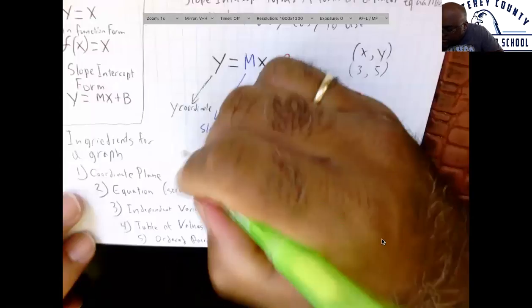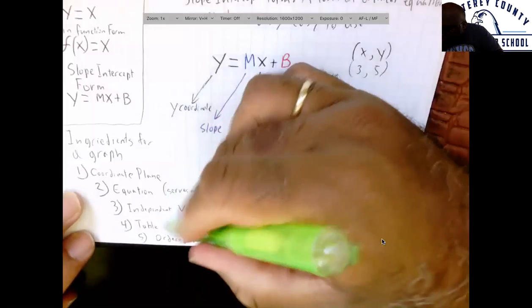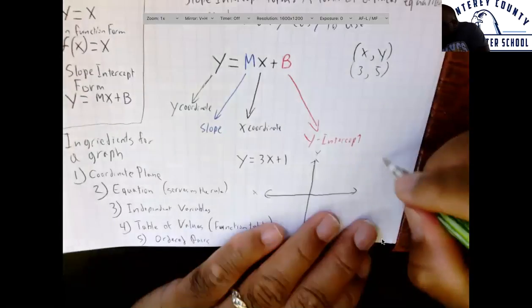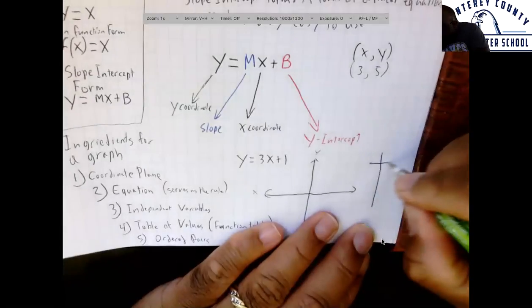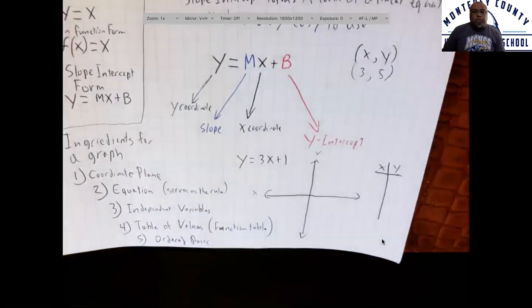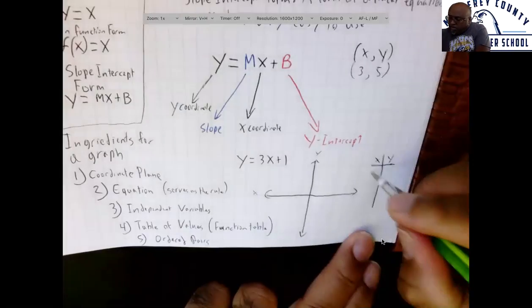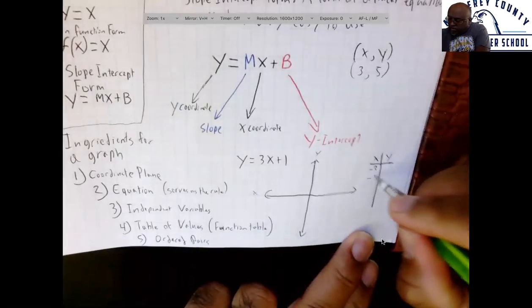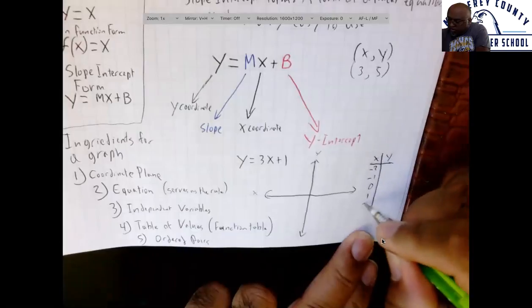Okay? So then I need, number 4, a table of values. So I have some room over here. I'll go ahead and I'll make a little table. Now, if you don't know what numbers to put for x, put the convenient numbers I told you about: -2, -1, 0, 1, and 2.